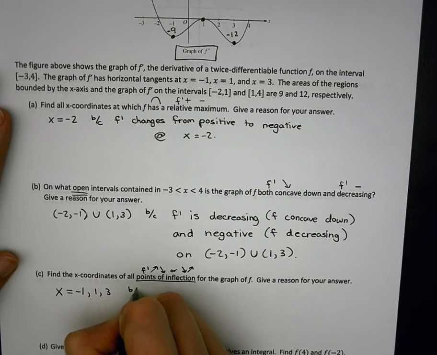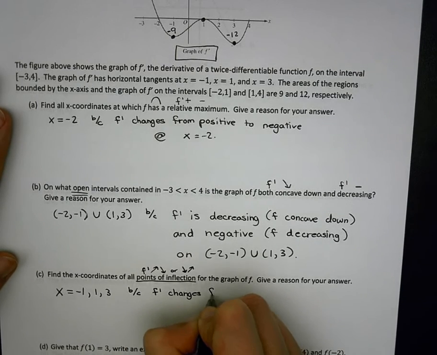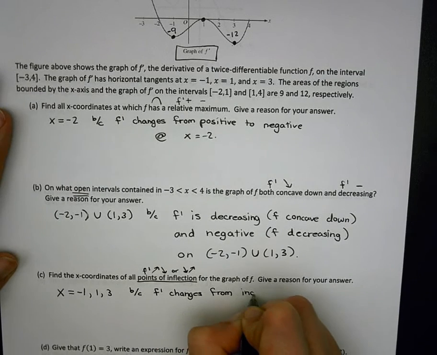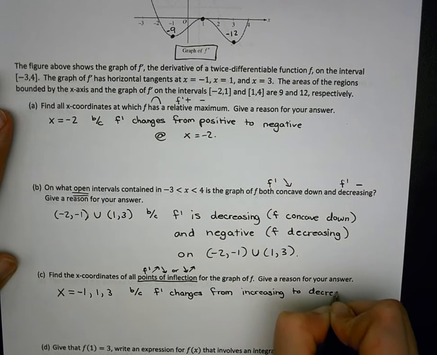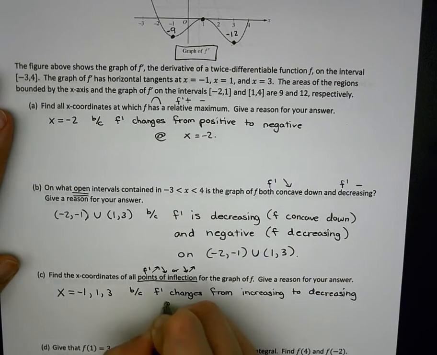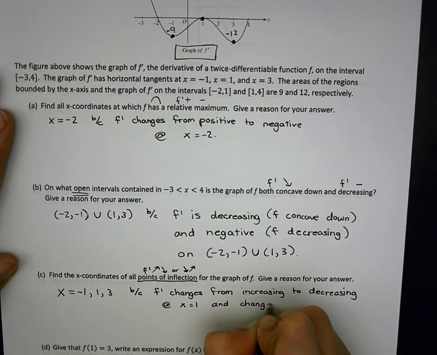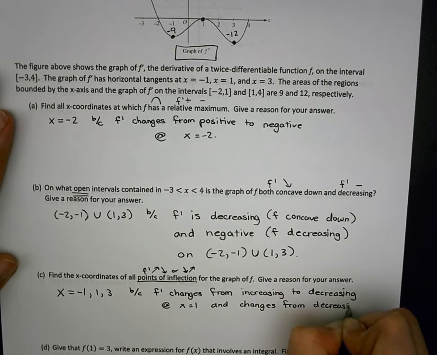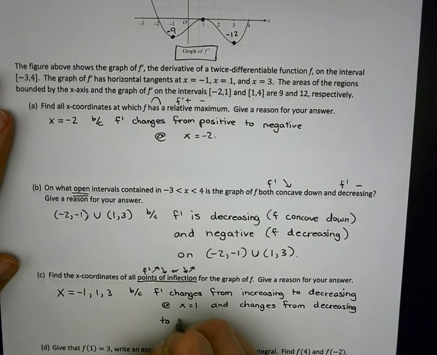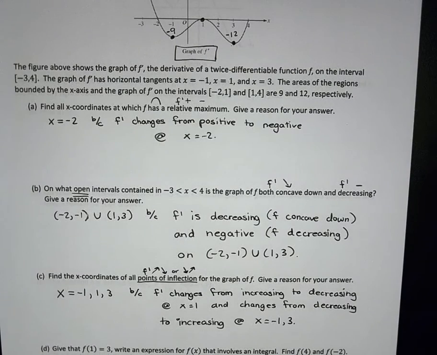I said because f prime changes from increasing to decreasing at x equals 1, and changes from decreasing to increasing at x equals -1 and 3, which is not the only way of potentially phrasing that, but it's your reason. How do you know?